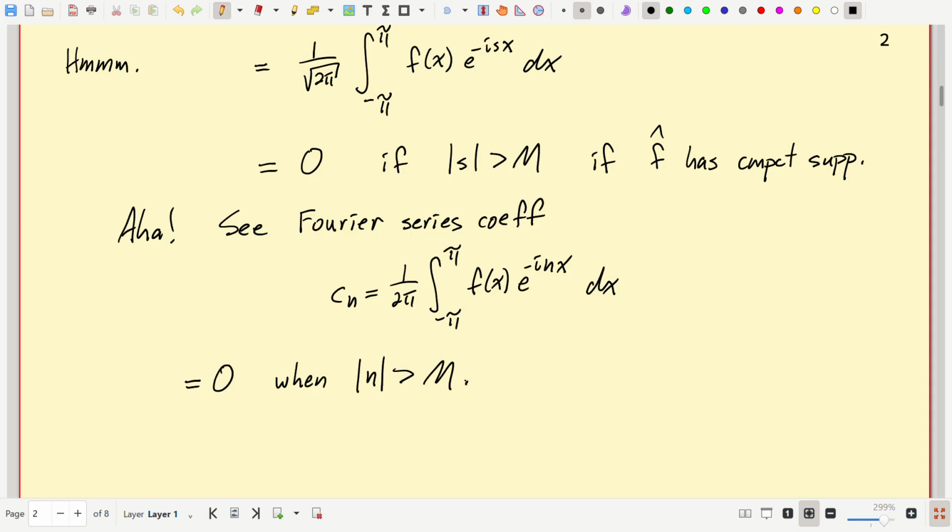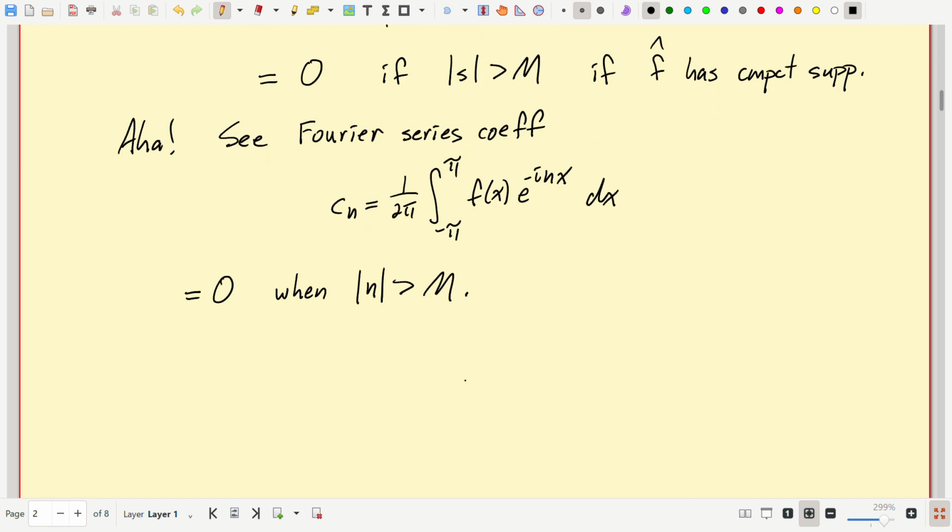That's weird. That means the Fourier series for f is a finite thing. And the Fourier series is a trig polynomial.